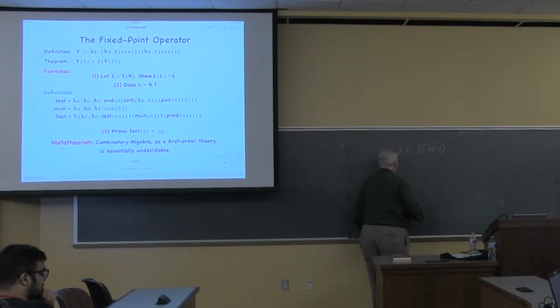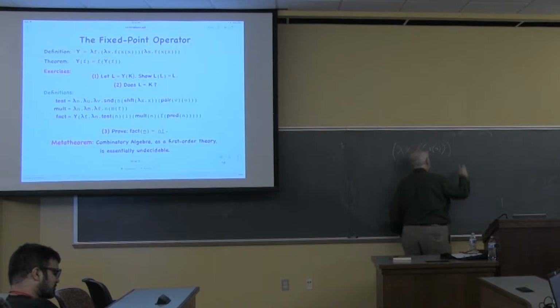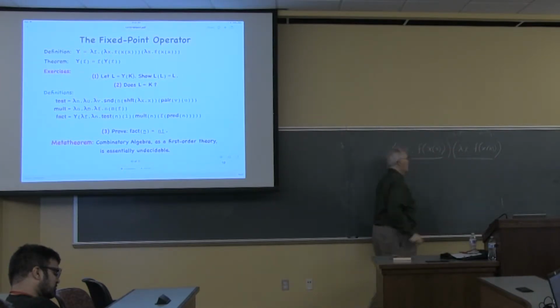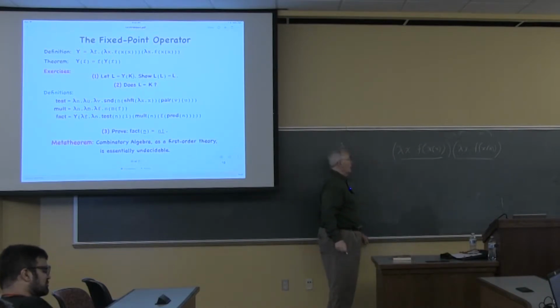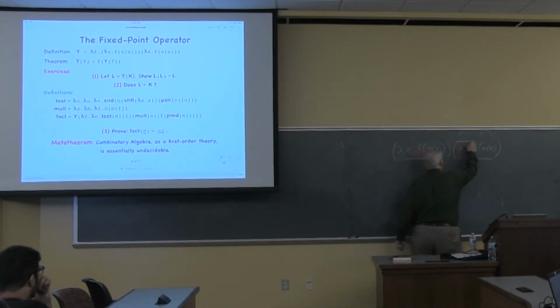But what happens in the lambda calculus is if you take this expression and apply it to itself, then you see you have two copies there, two copies of the same thing. Now, if we take the rules of the lambda, we have to insert that in for the variable x.